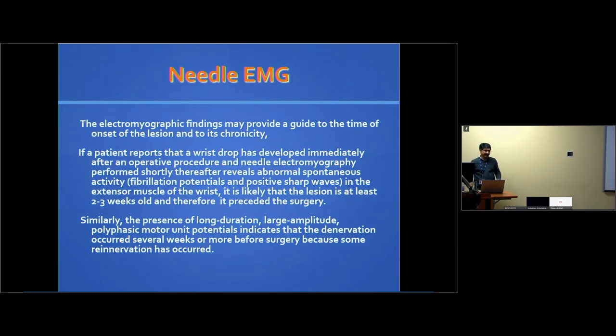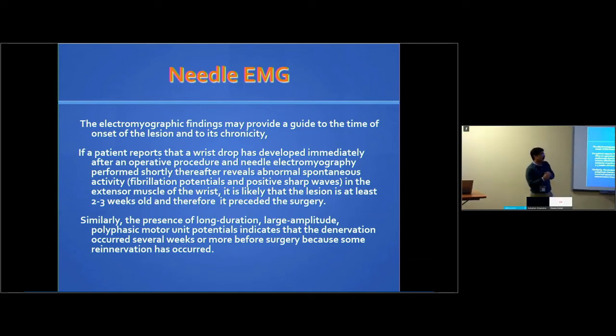So it tells us about the duration of the injury. As I mentioned, say you have a radial nerve cut, or a sciatic nerve affected during surgery, the first change with the insertional activity and spontaneous activity will take about 3 to 5 weeks to begin.